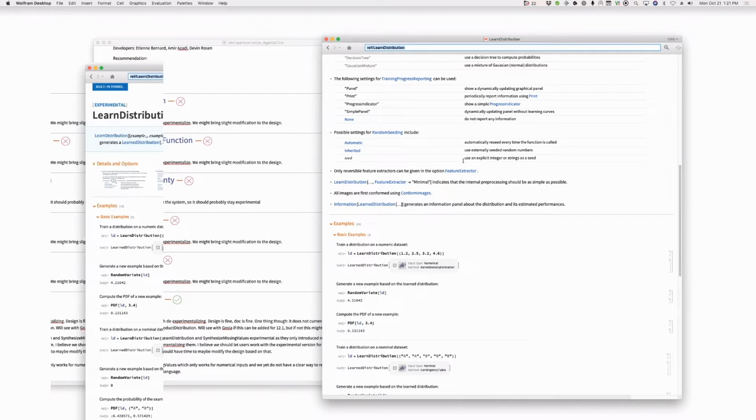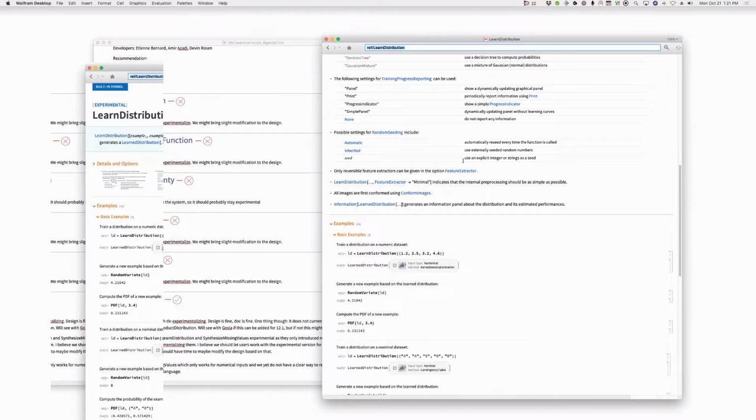But I think it's already the case between distributions. If you use a quantity distribution, you cannot mix it with a non-quantity distribution. So I think its level of integration will be quite similar.